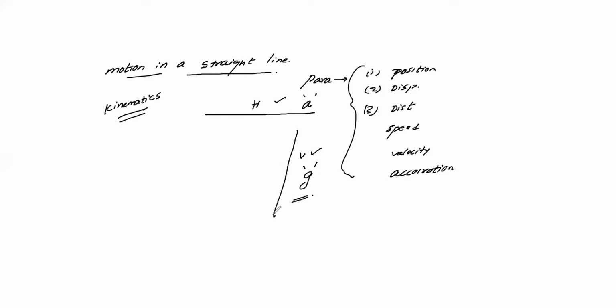Acceleration due to gravity has two signs: g plus, which is towards the earth, where the object is attracted towards the earth, and g minus, which is away from the earth.